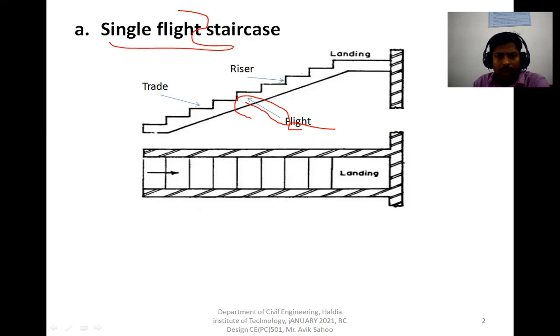This arrow sign means you are going up, and this step has two parts. One is the riser, another is the tread. The horizontal portion where the foot rests is called the tread, and the vertical portion of the step is called the riser.